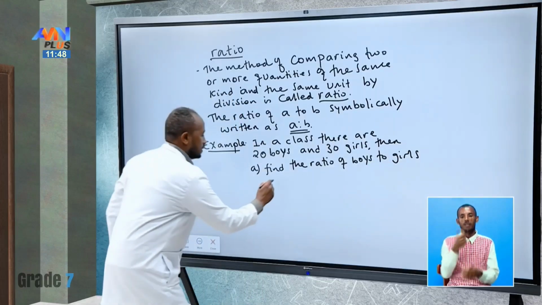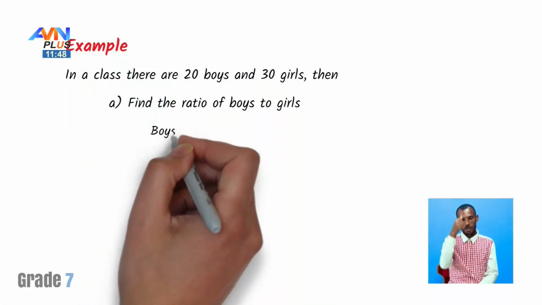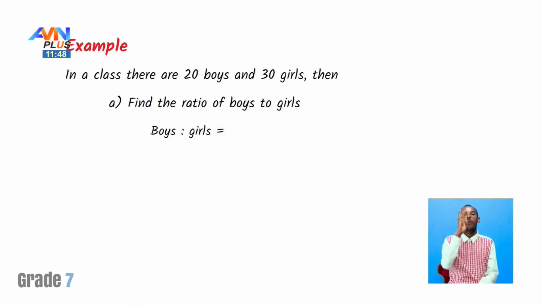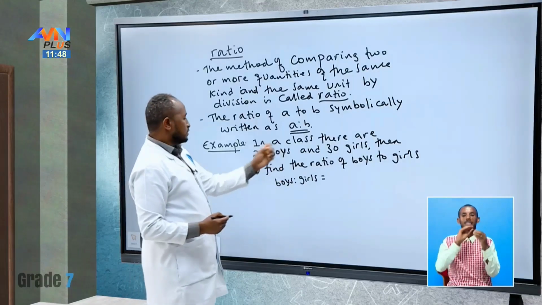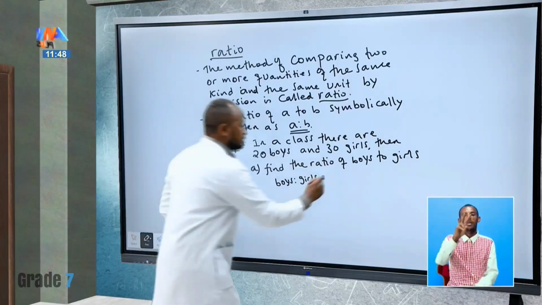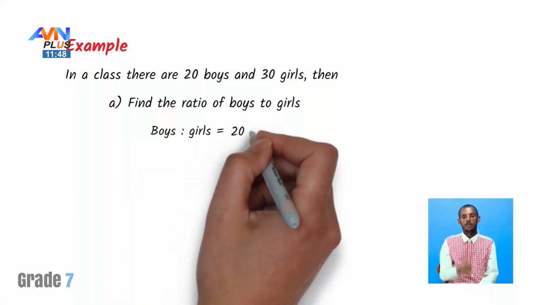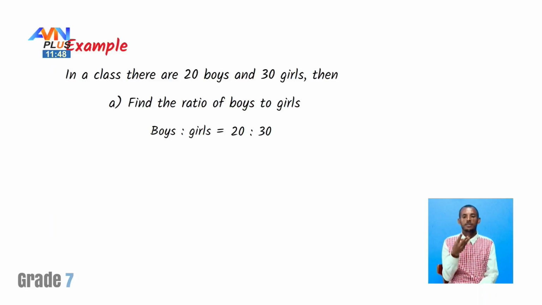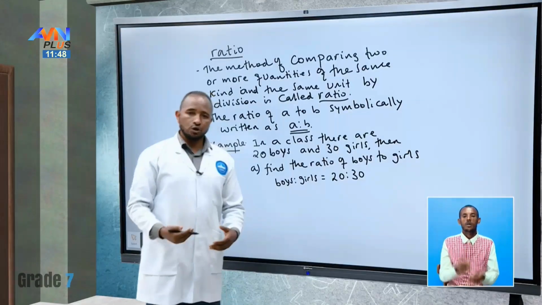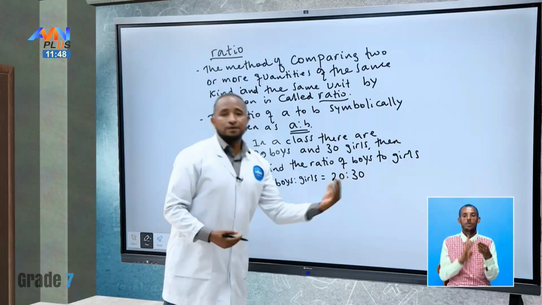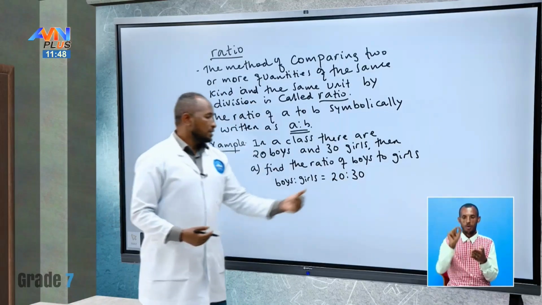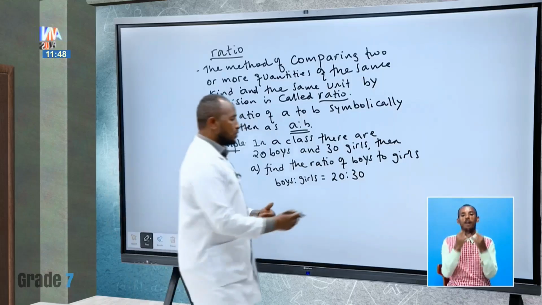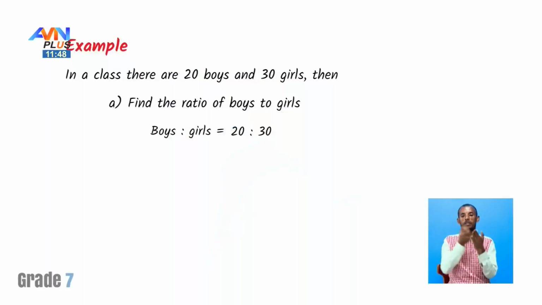So here, boys ratio girls will be equal to the number of boys, which is 20, ratio the number of girls, 30. But when we write ratio, we have to write this in lowest term. And the ratio can also be written in fraction form. So let's write this in this form.